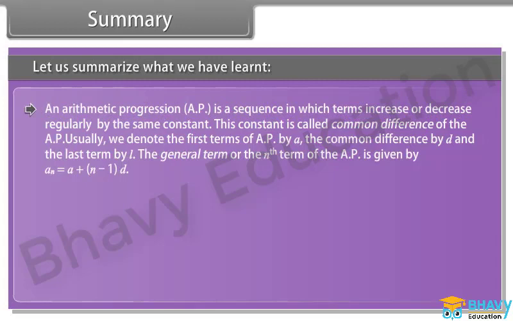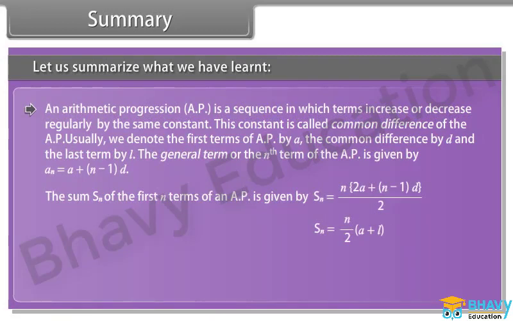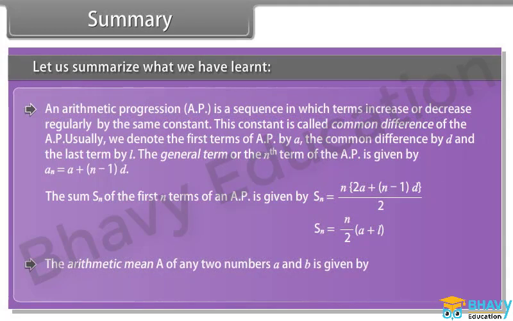Usually we denote the first term of an AP by A, the common difference by D, and the last term by L. The general term or the nth term of the AP is given by a formula, and the sum Sn of the first n terms of an AP is given by a formula. The arithmetic mean capital A of any two numbers A and B is given by this. That is, the sequence A, capital A, B is an AP.